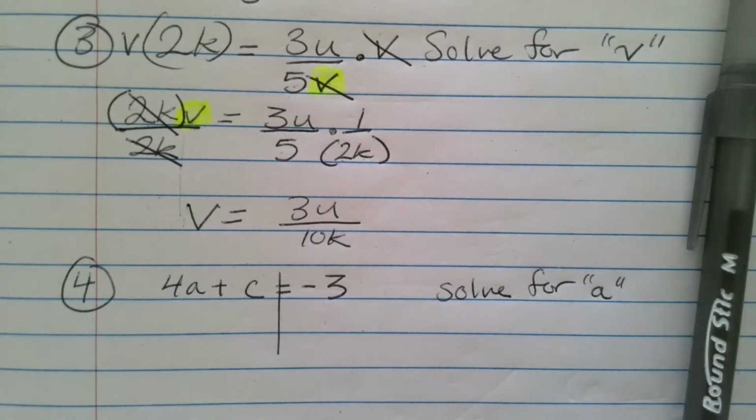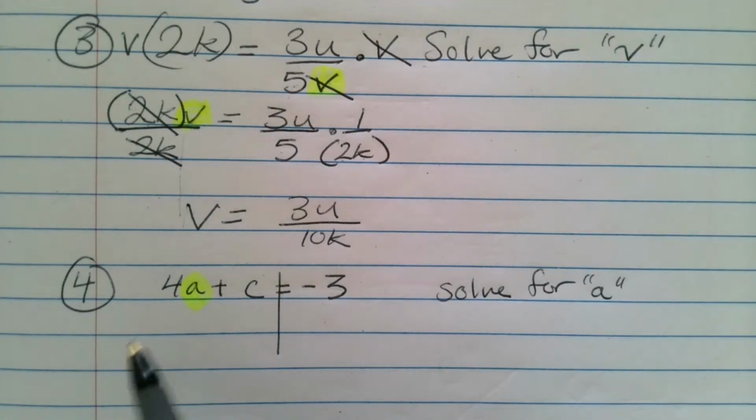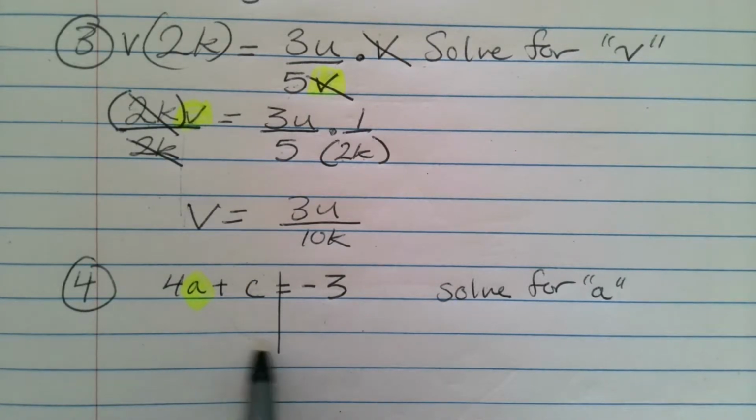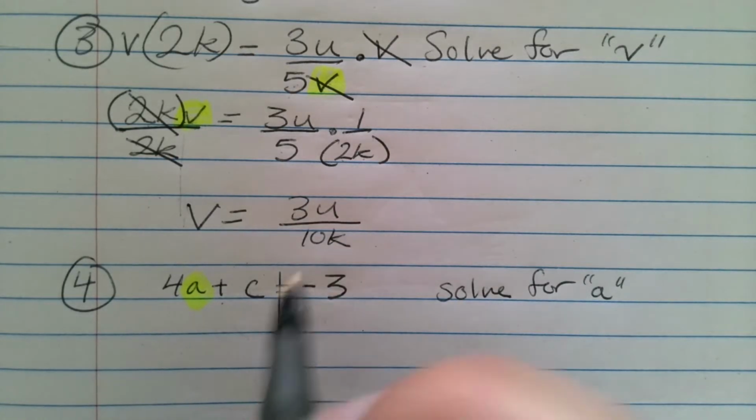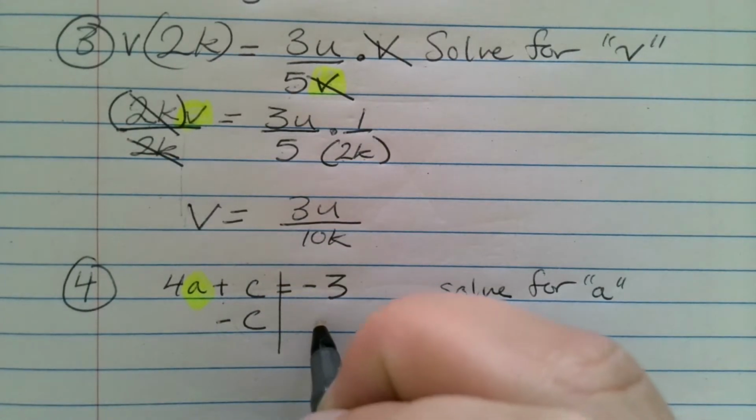The A. What's on the same side as the A? We can't, because that 4 is multiplied, we want to get rid of this first. How do I move this guy to the other side? Add, subtract, multiply, or divide? Because right now it's adding. So we're going to subtract C.